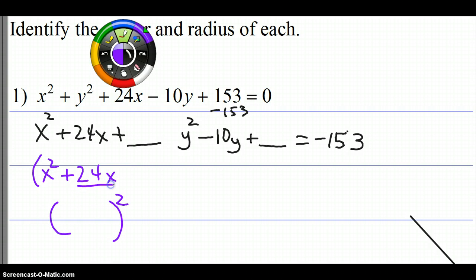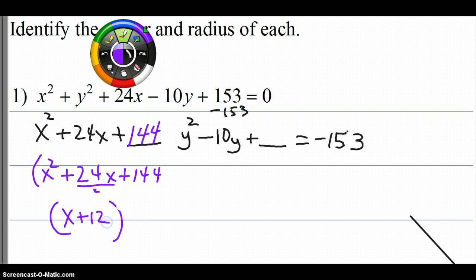So we're going to take half of this middle term, so half of 24 is 12, and then we square that. So we'll get 144. Now what that will do for us is, if I look at this factor now, what are the factors of 144 that add up to 24?